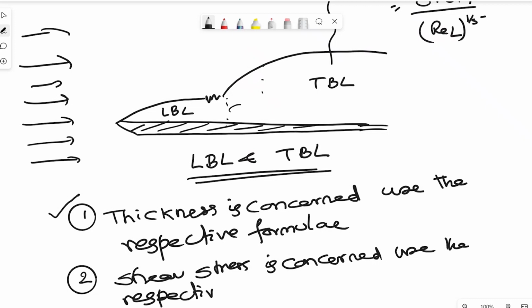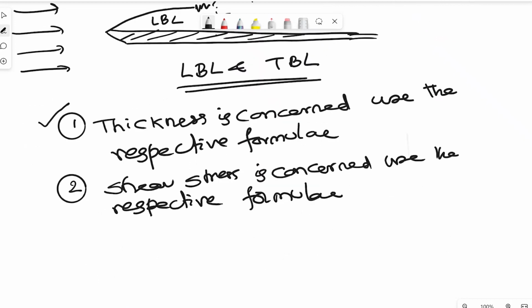Even in this shear stress, we are finding out the stress at a point. That point may lie within the laminar boundary layer or turbulent boundary layer, so you are very sure of it. When you are sure where the point lies, automatically use the respective formula and calculate that.